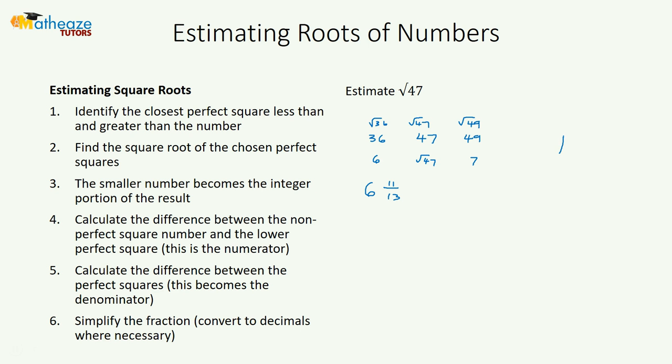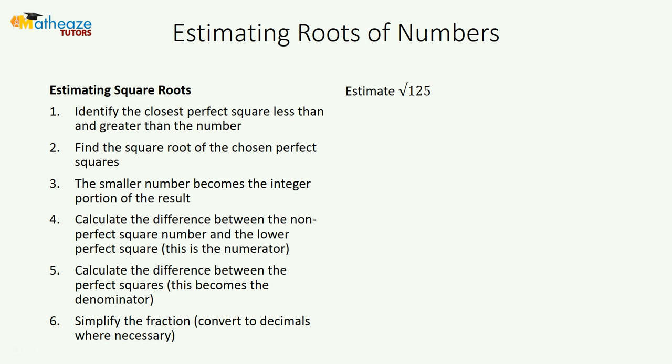Now we're going to just estimate the fraction, convert to a decimal. 11 over 13. So this is going to be approximately, the estimate is going to be 6.846. So that's just a general estimate of what it should be.